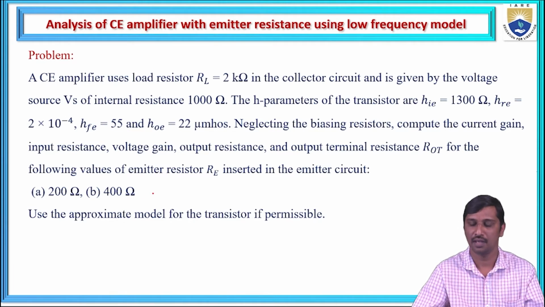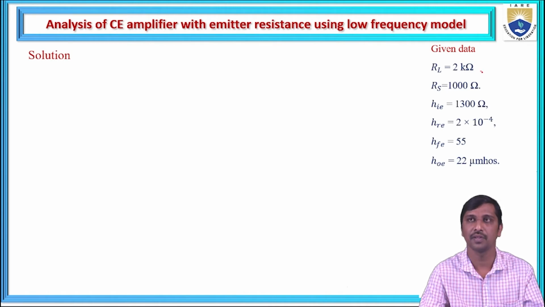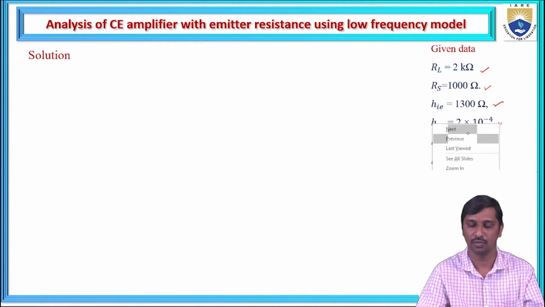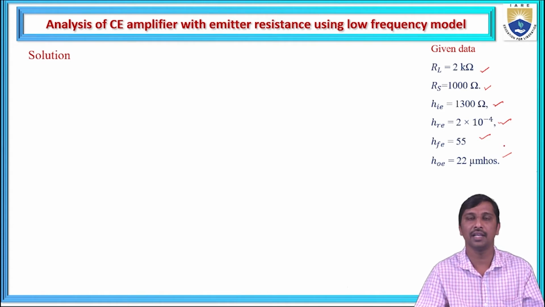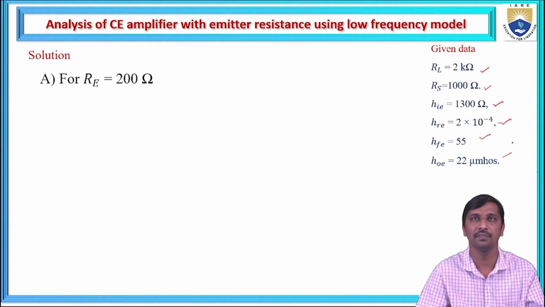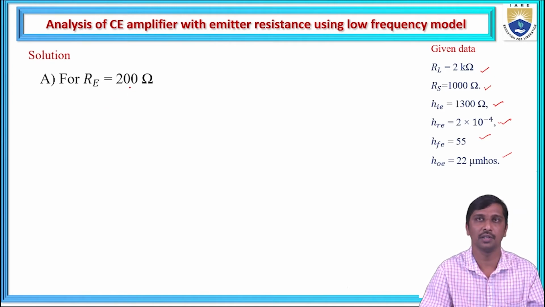For this case, here I have some representation. Based on the problem statement, I identified the given specifications: load resistance is 2 kilo ohms, source resistance is 1000 ohms, and the h-parameters are hie is 1300 ohms, hre is 2 into 10 to the power of minus 4, hfe is 55, hoe is 22 micromhos. Now, with respect to RE, we need to calculate the parameters. Hence, in the first case, I am going to consider the emitter resistance as 200 ohms.